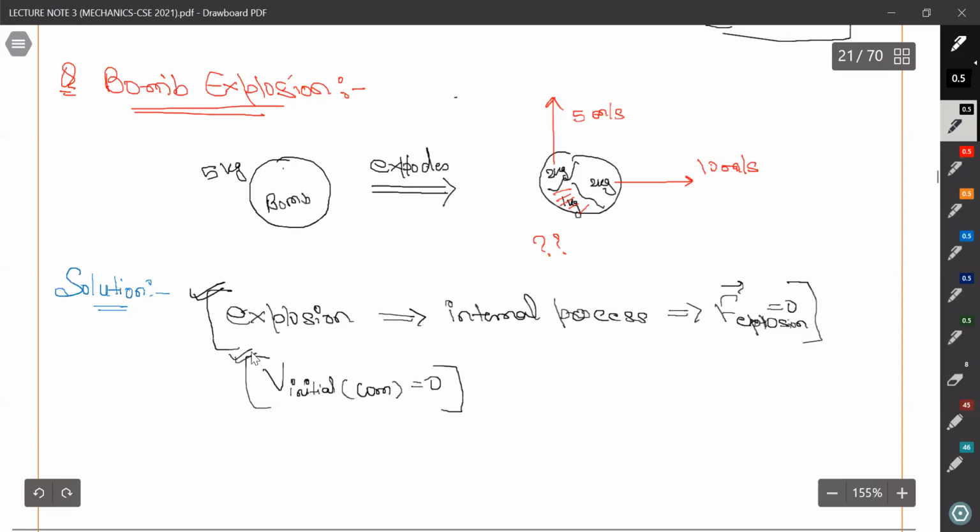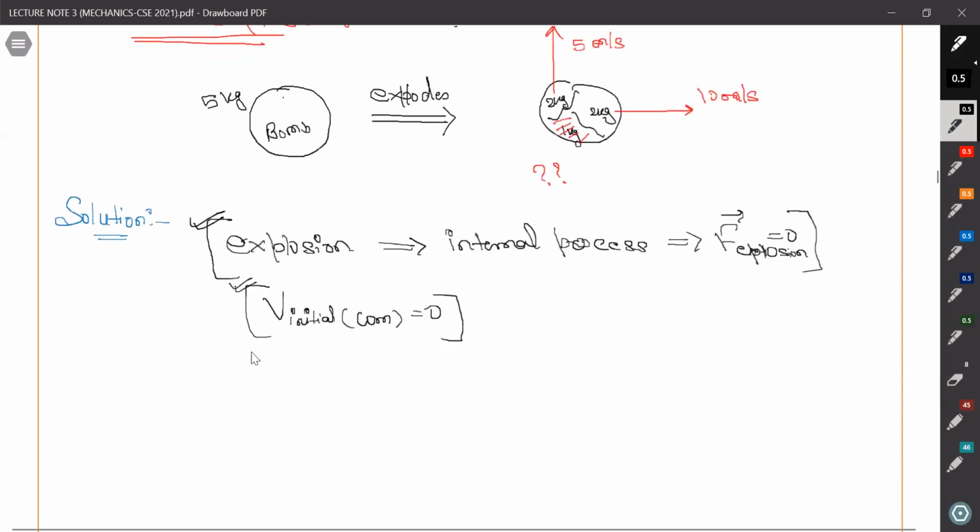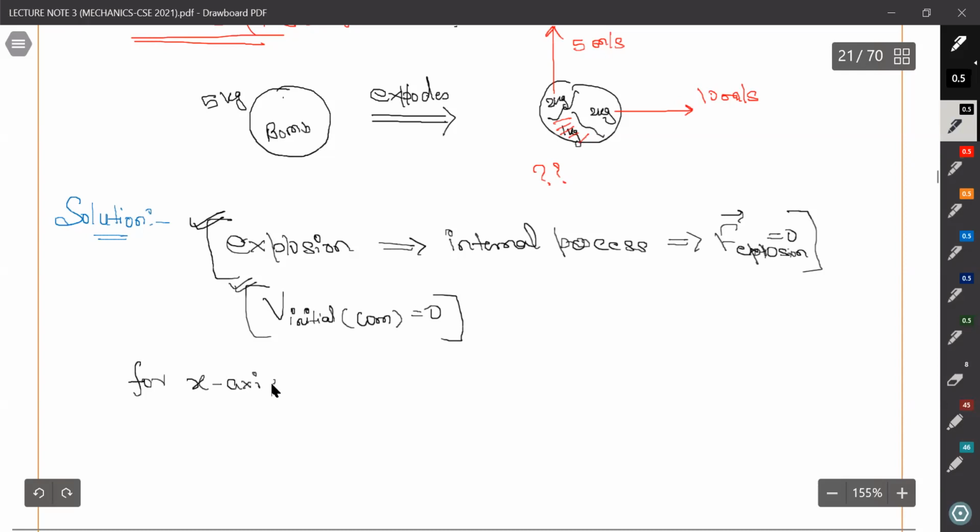Now we have two directions. Let's suppose this is the x-axis, this is the y-axis, this is the z-axis. For the x-axis, what can we write?